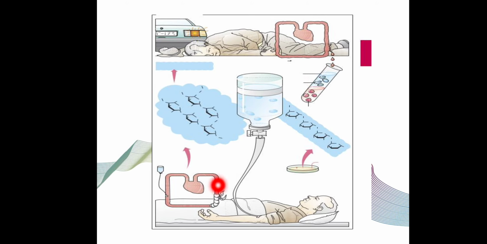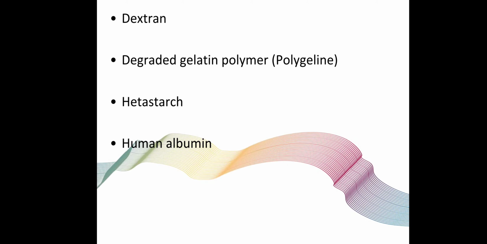It is like sealing this loss of volume that is occurring in the circulation. So they are very useful and cheaper also; except human albumin, all are cheaper.